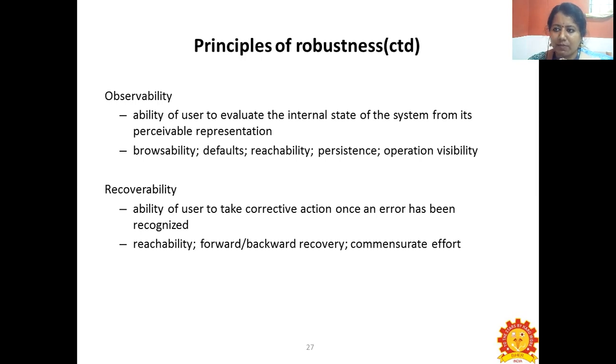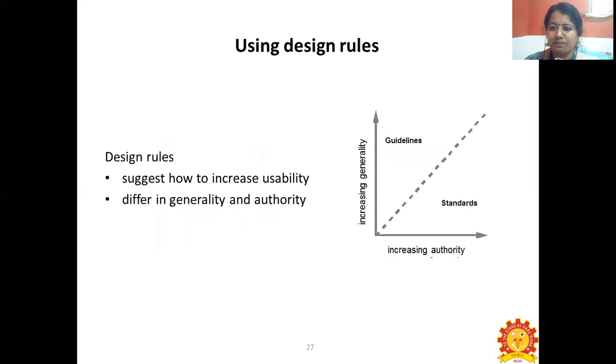Next, we are going to see about the recoverability, which is the ability of a user to take corrective actions once an error has been recognized. So which is a reachability. So here we will be forward or backward recovery or commensurate effort. So these are the steps which come under the recoverability.